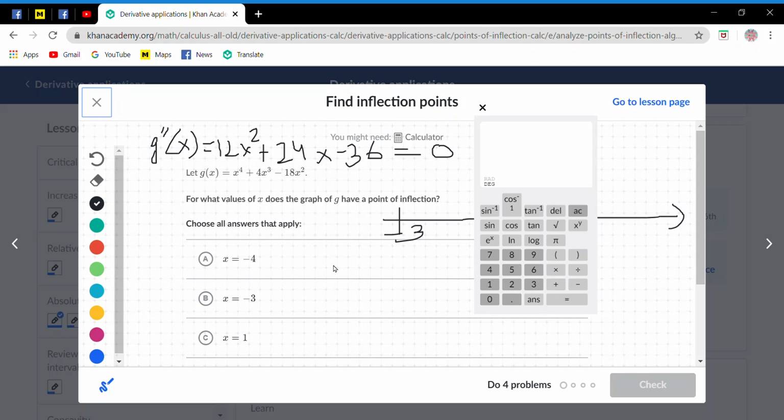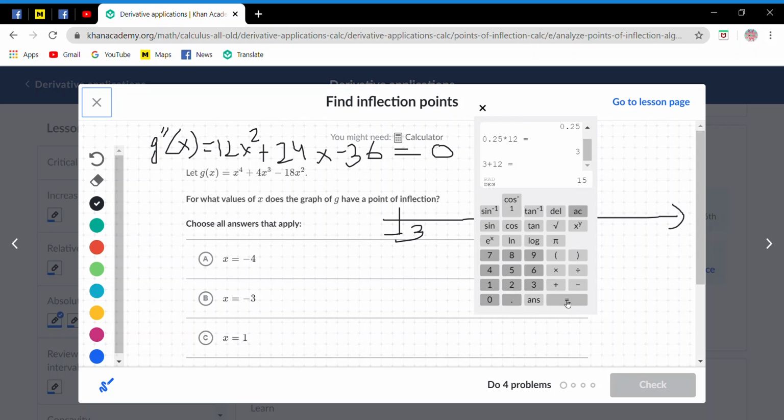So this becomes 12 times 0.5 squared, which is 0.25 times 12 equals 3, plus 24 times 0.5, which is 12.